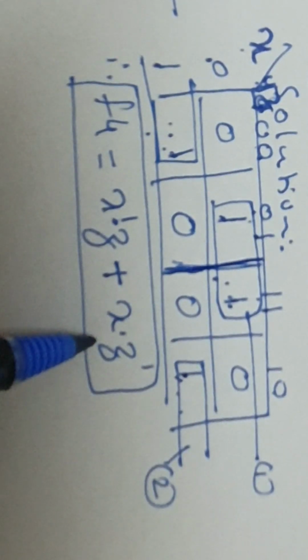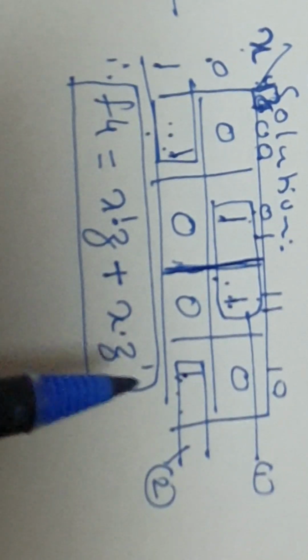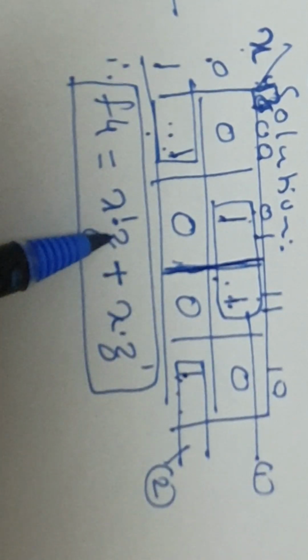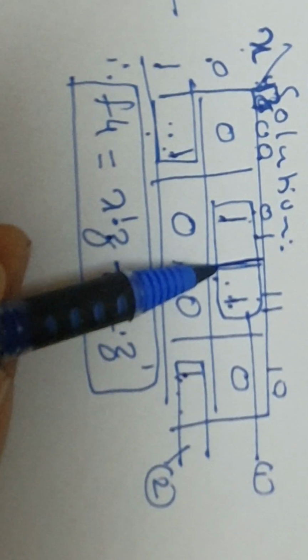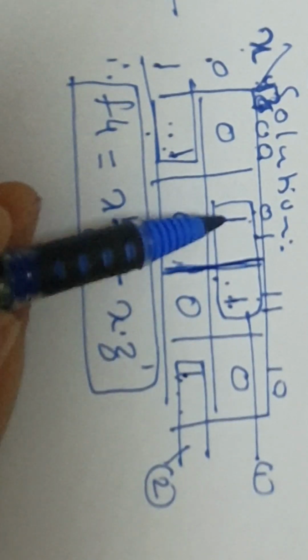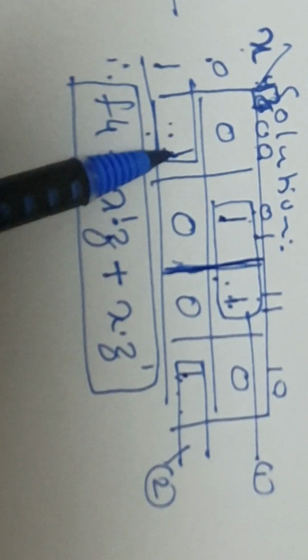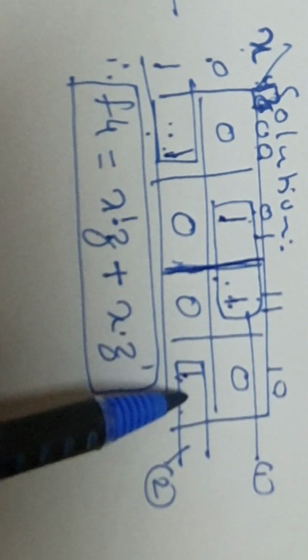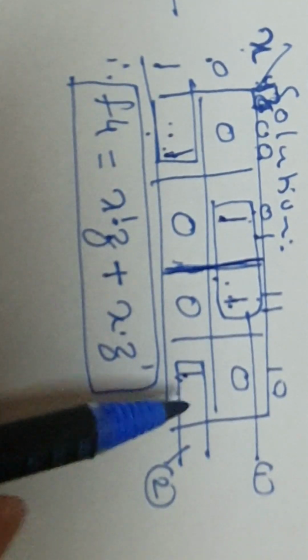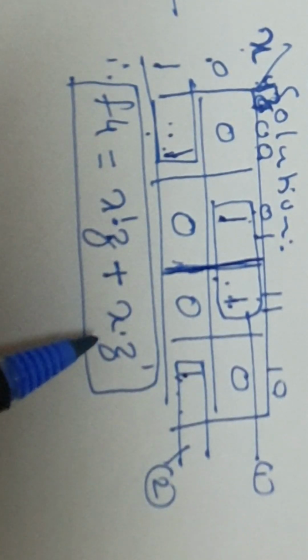Hence both are essential prime implicants. Because this prime implicant, if you take X dash Z with respect to group 1, so this one is covered only in this group. With respect to the second group, this one is covered only in this group. And the resulting prime implicants will be essential prime implicants.